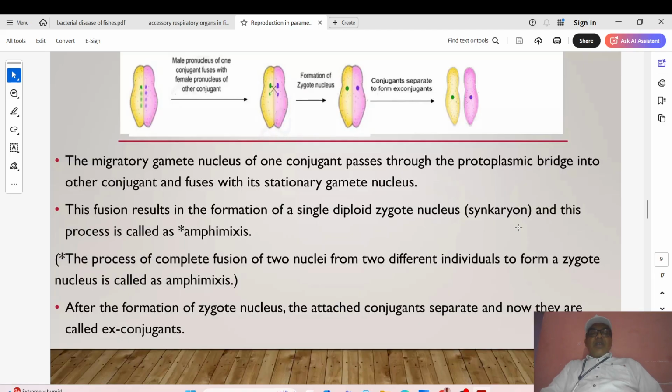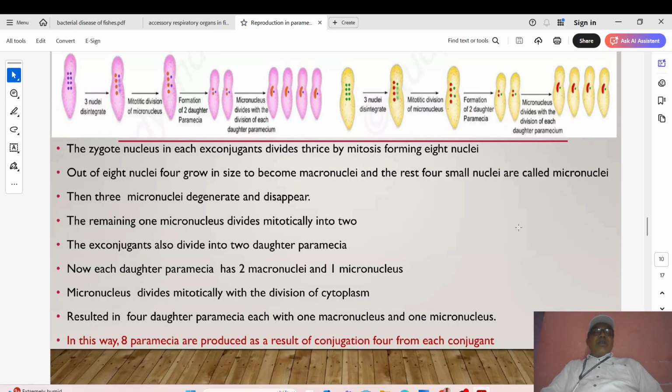After the formation of the zygotic nucleus, conjugant A and conjugant B separate from each other, and now they are called ex-conjugants. Here we describe ex-conjugant A with different colors, and ex-conjugant B also with different colors.